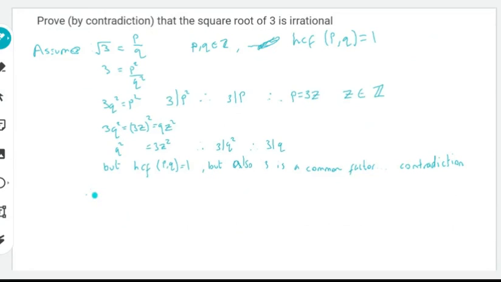So therefore, we've proved it's irrational. Does that make sense? Mm-hmm.